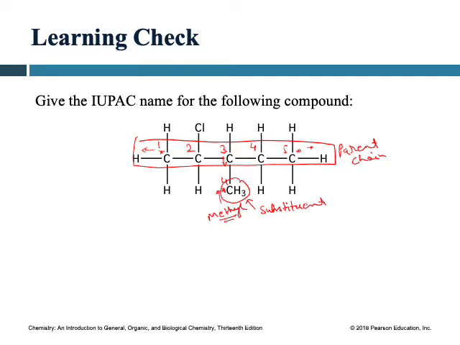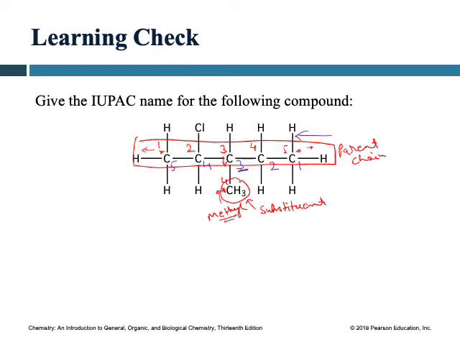Then we have to pick which end to start counting from. In this particular case it doesn't matter, because if I counted the opposite way, from right to left, 1, 2, 3, 4, 5, the location of the substituent still occurs on the third carbon.